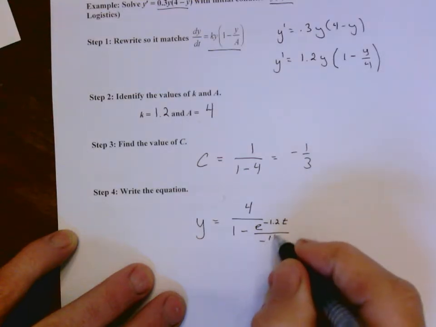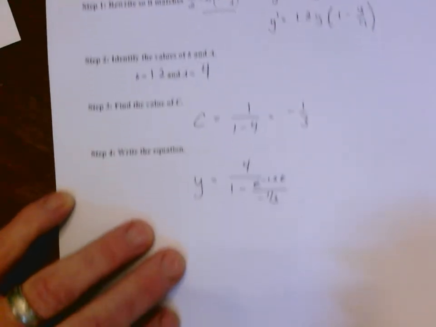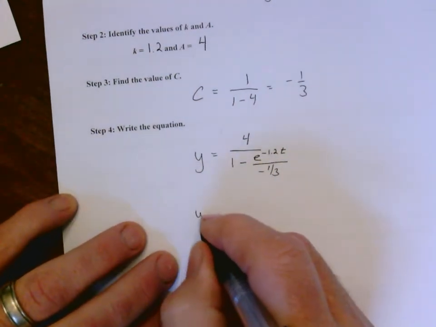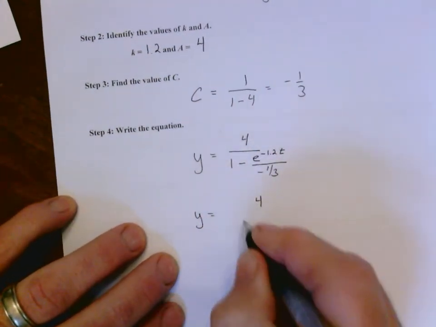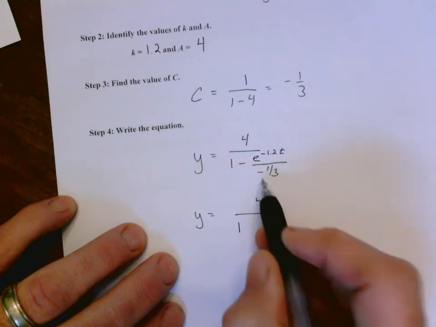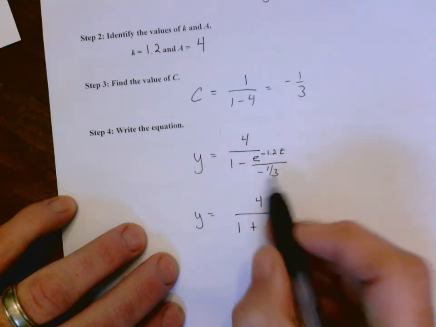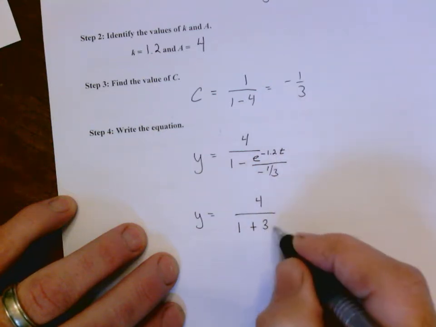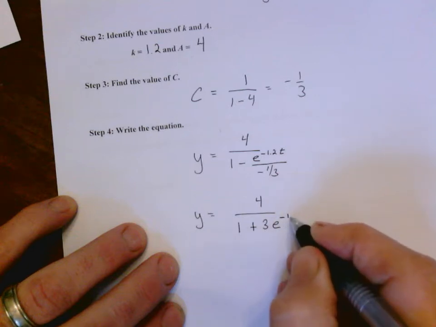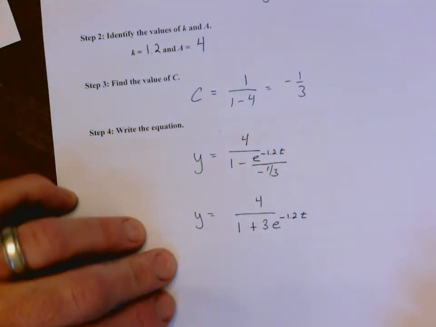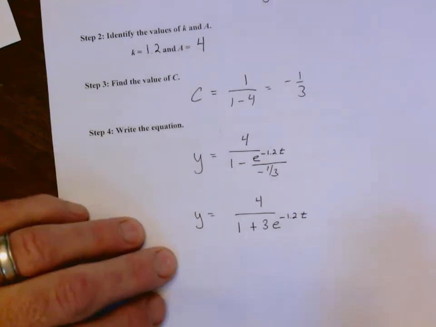Just cleaning this up, I have y is equal to 4 all over 1, negative times the negative, so plus, I'm going to flip and multiply, 3e to the negative 1.2t. Okay, and that's it.